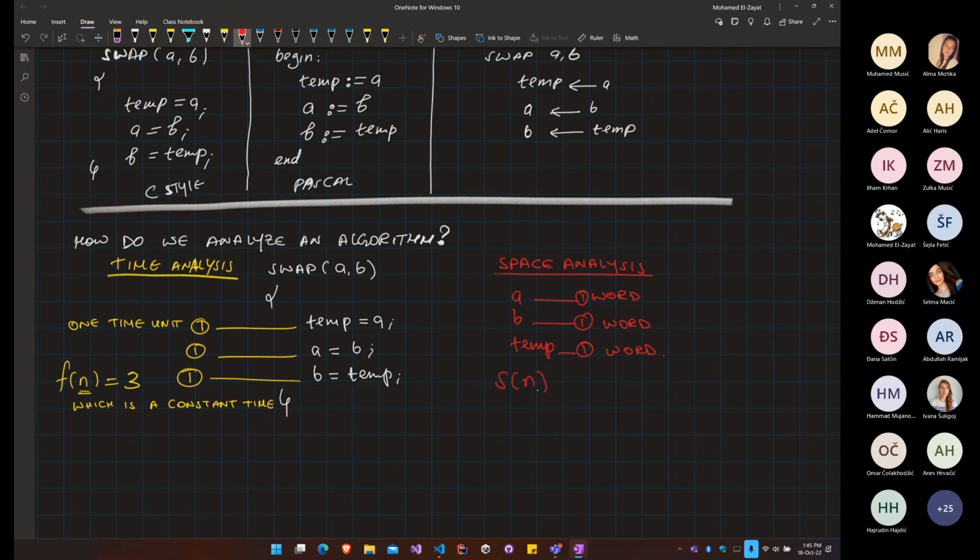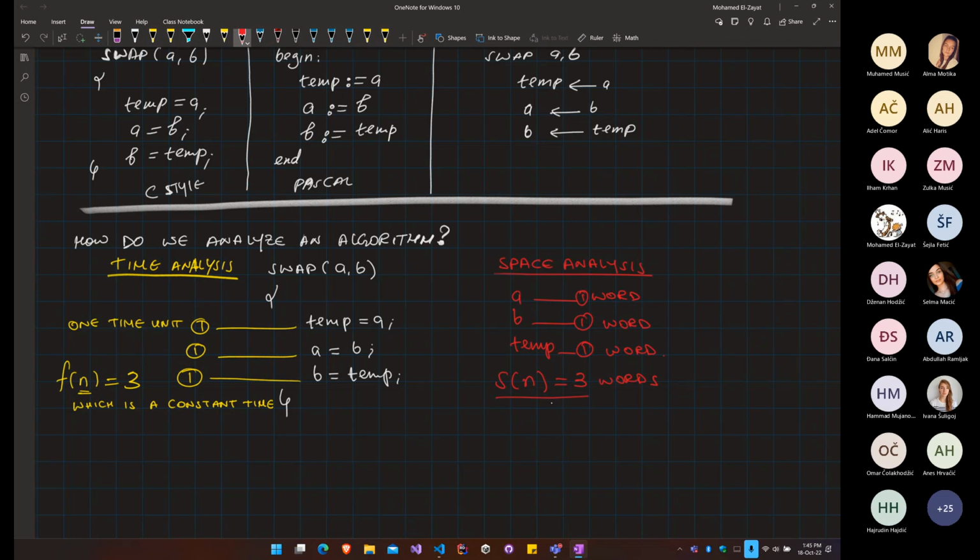Whenever I run this function 1,000 times, every time I will have to allocate 3 words, 3 bytes, 3 megabytes, 3 gigabytes, it doesn't matter. Every time it runs, it will consume exactly this number and it will never grow. It will never become bigger. This is why it takes constant space.